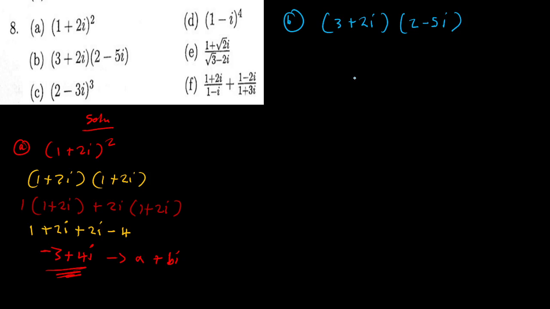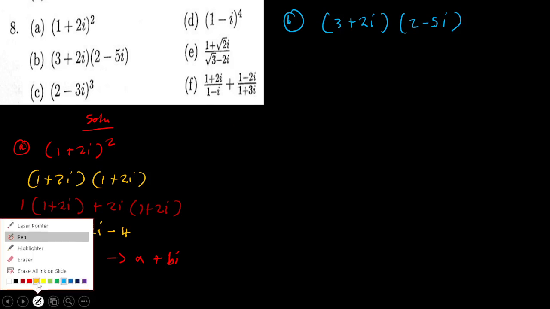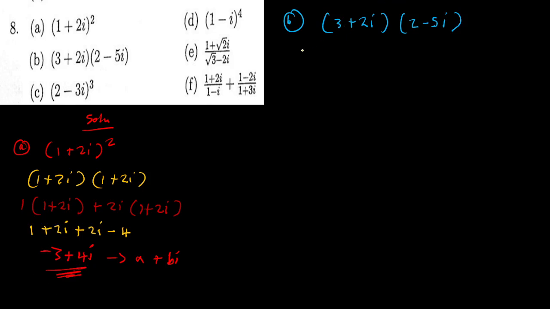But since I'm sure there are people who did not understand this part, I'll just go the way it is. So what I'll do is put 3 outside, and I'll multiply it by everything there, which is 2 minus 5i. Then there I'll say plus 2i, then open bracket 2 minus 5i close bracket.